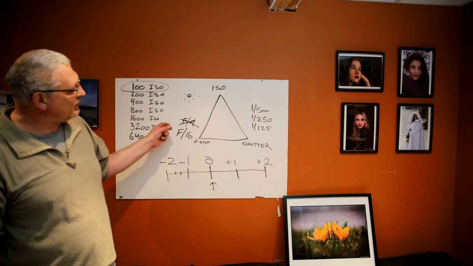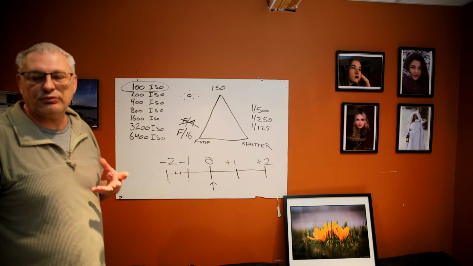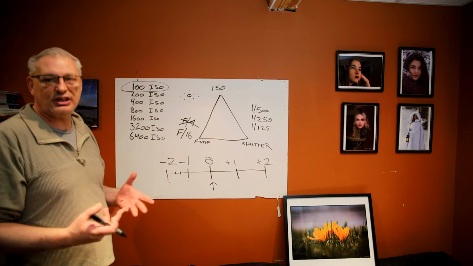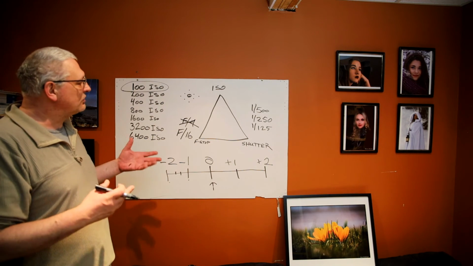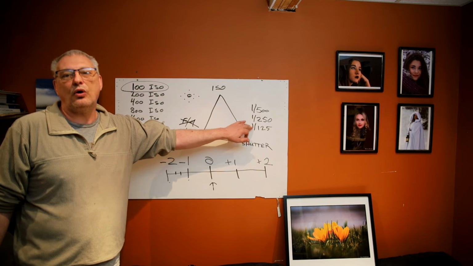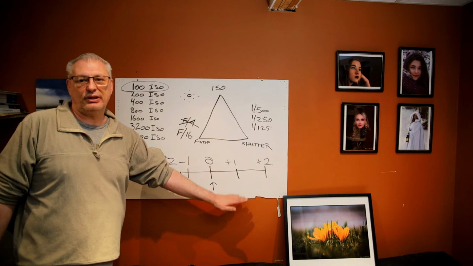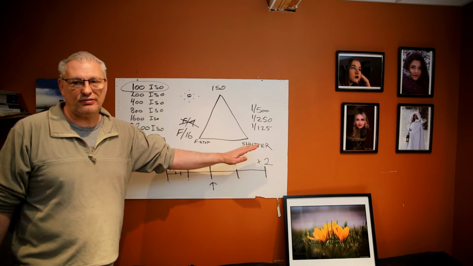My wildcard when taking this picture then becomes my shutter speed. I really don't care what my shutter speed is, because when you're taking landscapes, it's only nature that's moving. So it doesn't really matter if I have it on 125th of a second, or slower. That becomes my wildcard for when I'm taking a picture of a landscape.